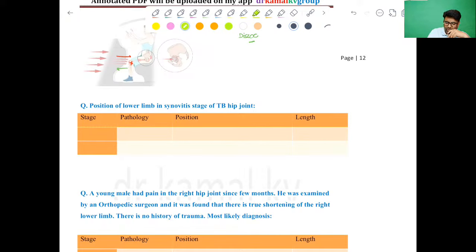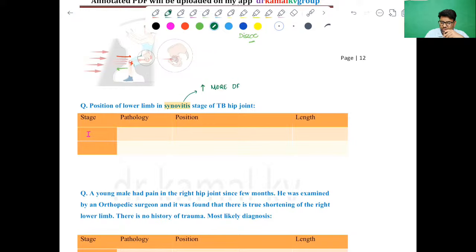So here if we see, the question is about the synovitis stage of TB hip. Now in synovitis stage, which is usually stage 1 of the TB hip, what happens whenever there is synovitis? Obviously the synovium is inflamed and this will produce more synovial fluid, right?